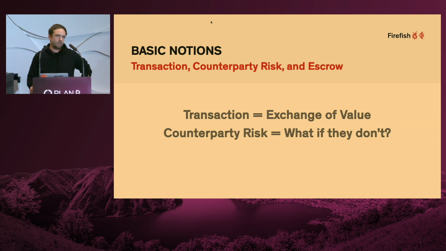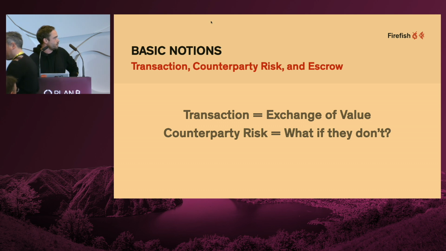You are lending money to a Bitcoiner friend from the local startup, somebody really trustworthy, and the second scenario is you are lending money to a person that you met on the internet. You probably feel the difference between those two scenarios, and the difference is actually the essence of counterparty risk.